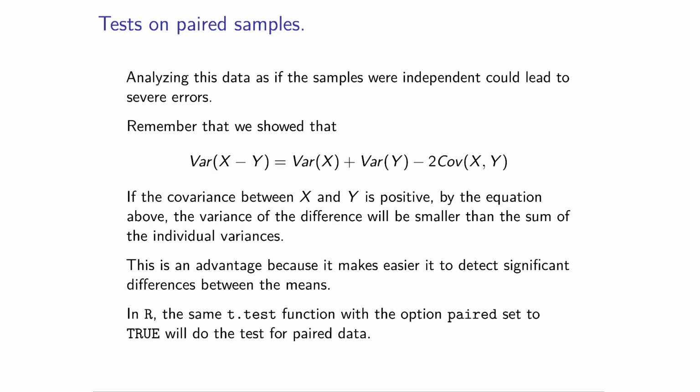And this is an advantage because we have less dispersion and it makes it easier to detect significant differences between the means. In R, the same t.test function with the option paired set to true will do the test for paired data. So let's carry out this test for the data in the second example.